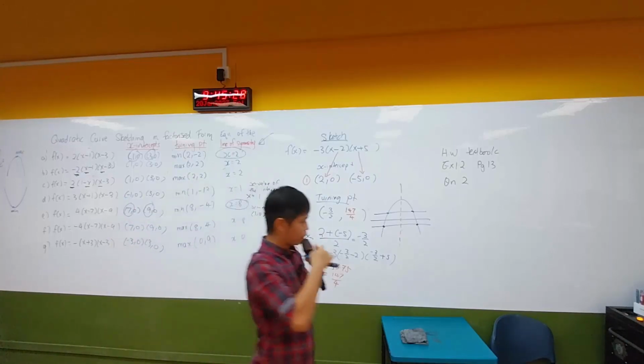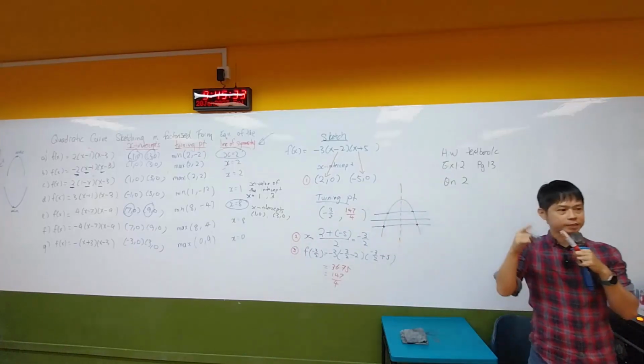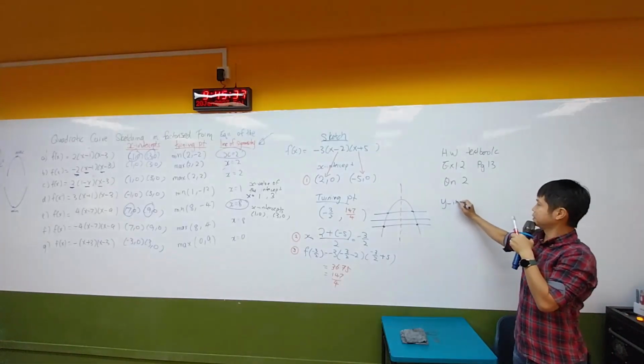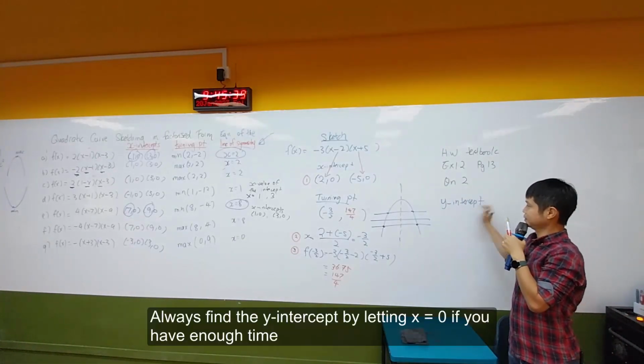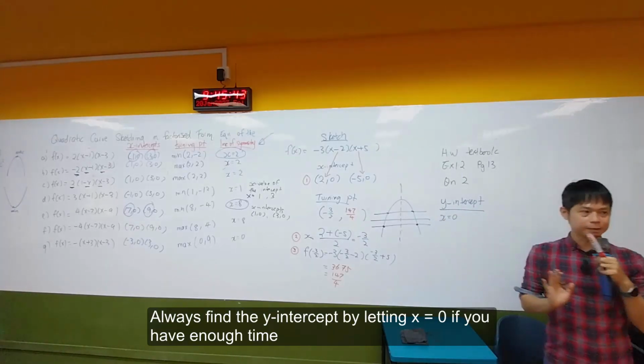Now, for this extra part, I'm going to find the y-intercept. I'm missing the y-intercept. Do you all remember how to find the y-intercept? Let x be 0. So it's very, very simple.